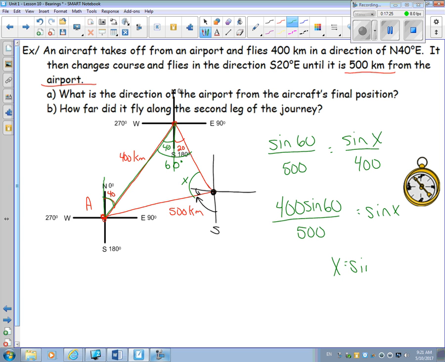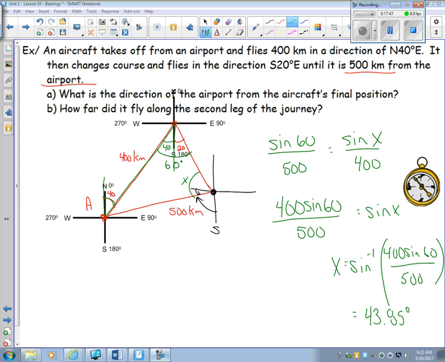I'm going to take the inverse of whatever the big mess of numbers comes out to. 400 times sine of 60 divided by 500. And I got 43.85.